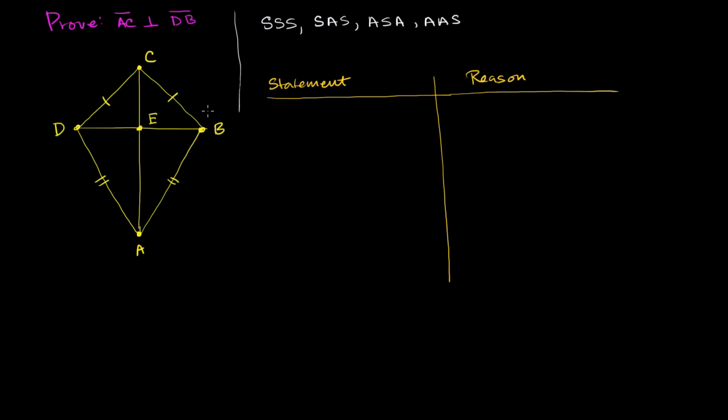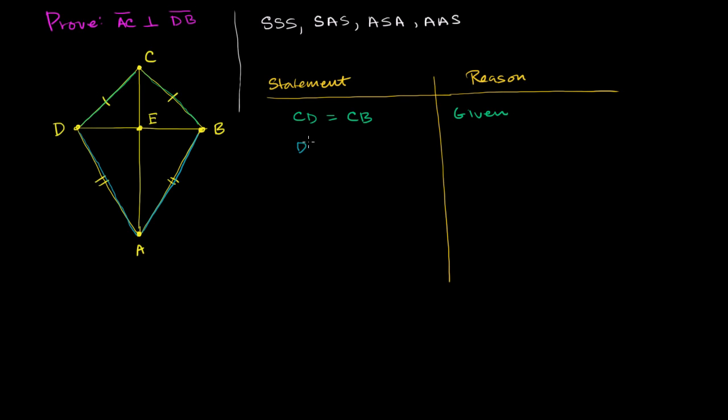So we have CD. The length of segment CD is equal to the length of CB, and that is given. So these two have the same length. We also know that DA, the length of segment DA, is the same as the length of segment BA.